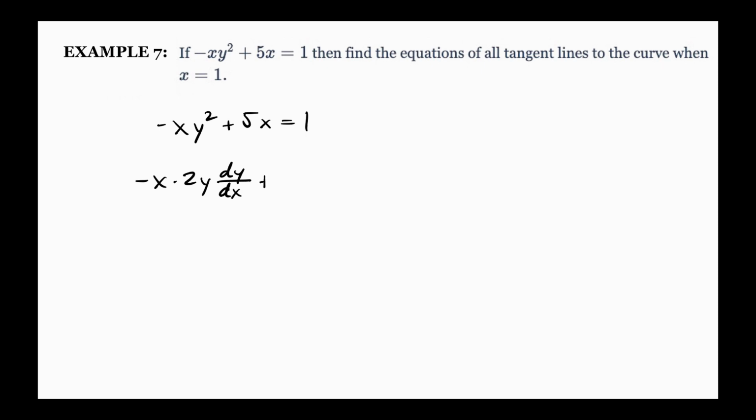Plus the derivative of the first, which is -1, times the second. Okay, so that's the derivative of the first part, plus the derivative of 5x, which is just 5. The derivative of 0 equals 1, but the derivative of 1 is just 0.